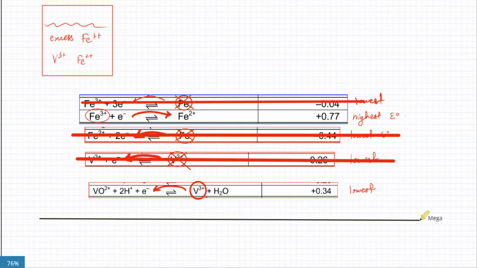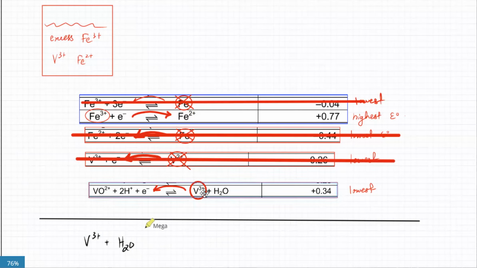So this third reaction is going to be, the reactant over here is V3+ and H2O. So where did this H2O come from? The assumption is that most reactions happen in aqueous solutions, so if they are happening in aqueous solutions, there's going to be water there.